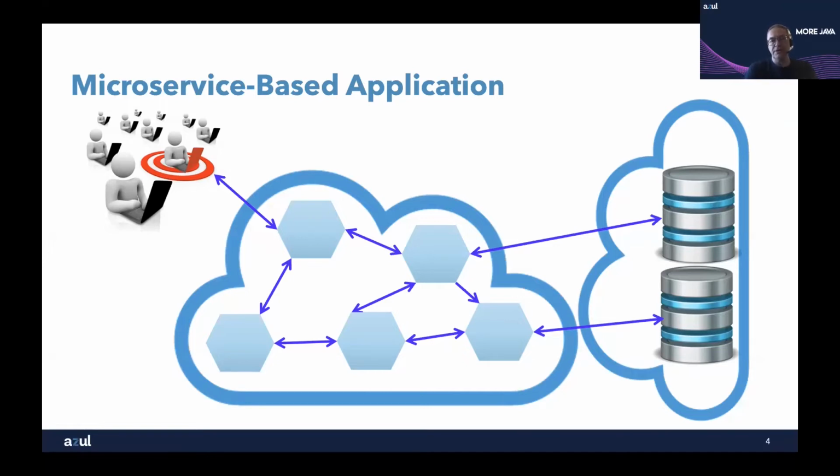But if we look at this diagram, what we can see is we've clearly got a number of microservices involved. And one of the true advantages of taking this approach is that we may find that one of our services becomes a bottleneck. That may be a service that we use for lots of other parts of the system. Let's say it's credit card transaction processing, and that becomes a bottleneck, meaning that the whole system slows down.